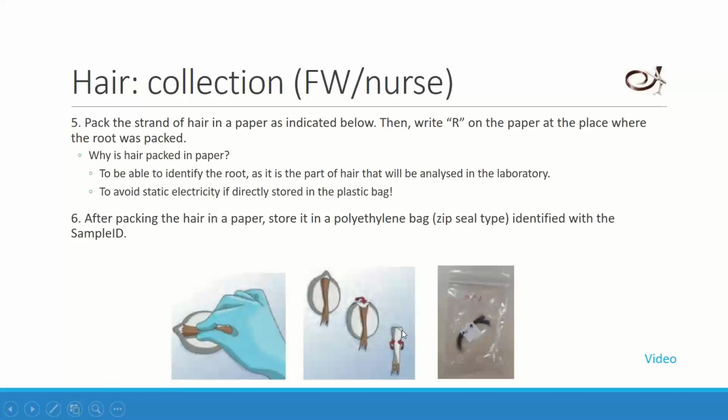So we recommend you write a letter, like care or something like this, to indicate where the root is, okay? Here in this image, you can see one system to pack the hair, and here you can see another system. You can use the one you want, but it is very important to indicate where the root is.